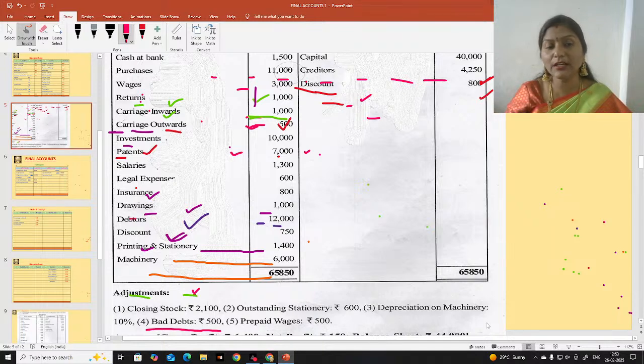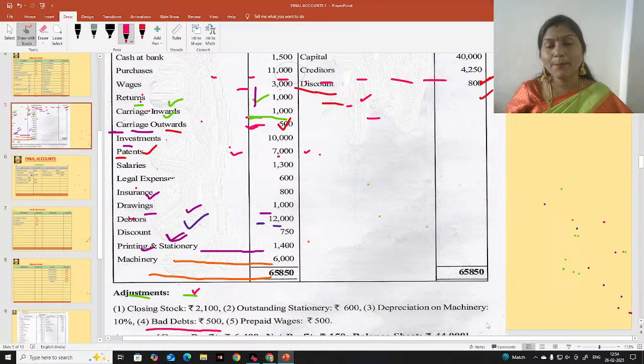I am repeating that. Not only bad debts, debtors related all three adjustments will appear in the same places. Bad debts, provision for bad debts, discount on debtors. These three will appear in the same places if it is given in adjustments. First place is profit and loss account debit side. Second place is you are going to deduct from balance sheet, and in the balance sheet you are going to deduct from debtors. Okay, whenever you write debtors, under that you should deduct that item.